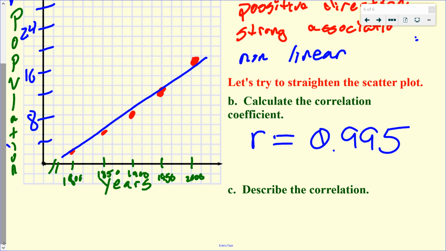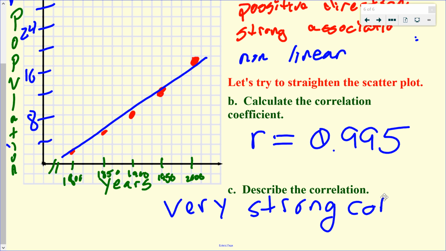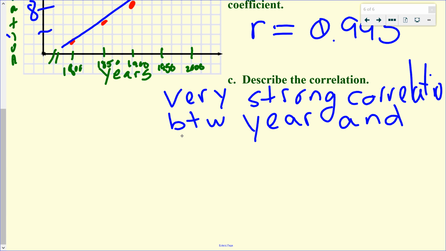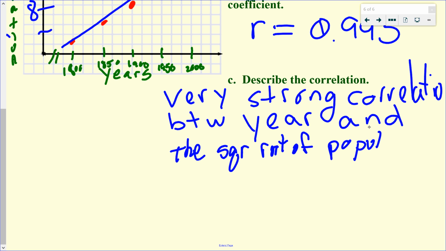We're looking at a very strong correlation between year and the square root of population.